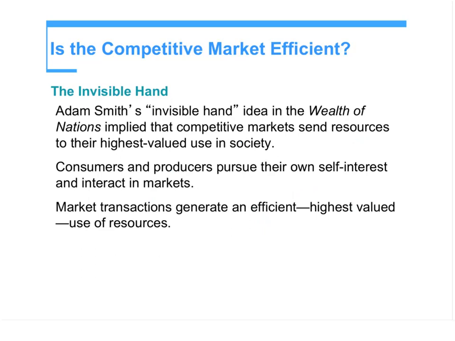So the invisible hand, Adam Smith believes, is the idea in The Wealth of Nations that implies that competitive markets send resources to their highest value use in a society. Consumers and producers pursue their own self-interest and interact in markets.